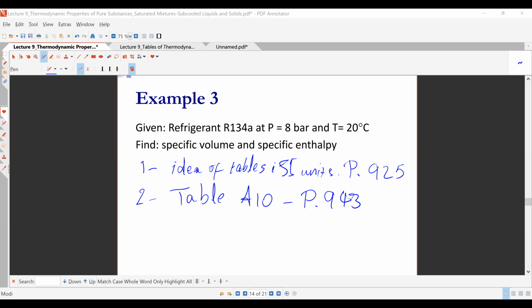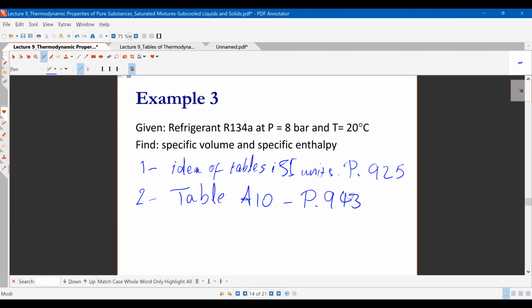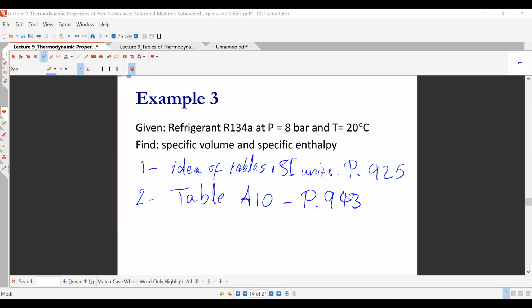Okay, in this table, what were my conditions? Let me review again. It was 20 degrees Celsius, 8 bar, 20 degrees Celsius. All right, here we go. At 20 degrees Celsius, as you see here, this is 20 degrees Celsius. Oh, my apologies. Here is my 20 degrees Celsius. I don't know if it is highlighting it.